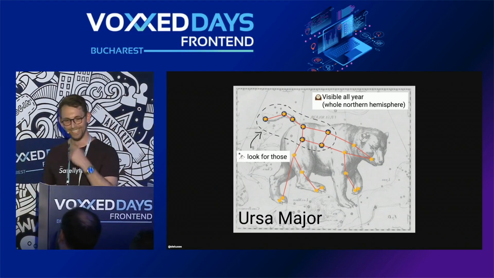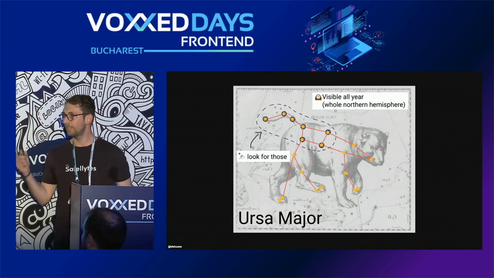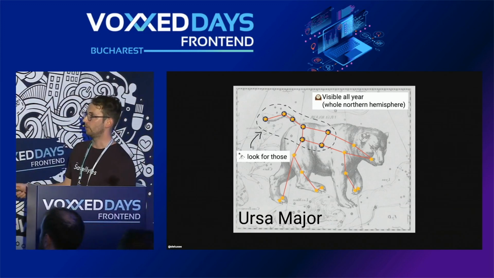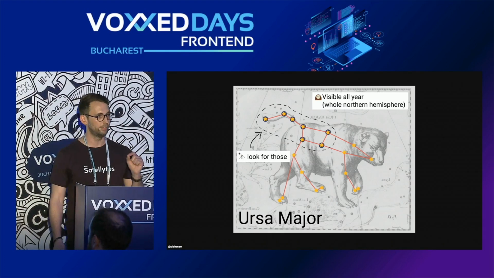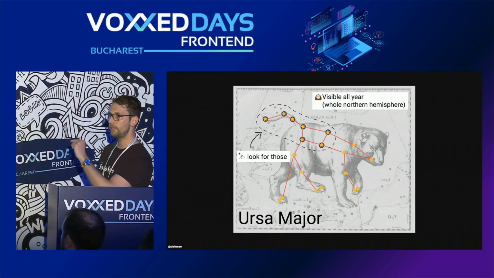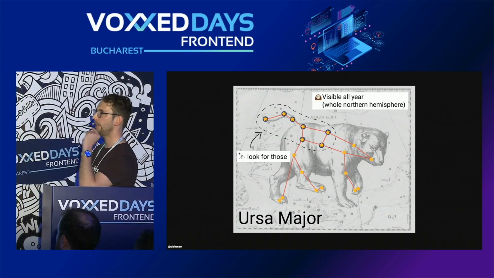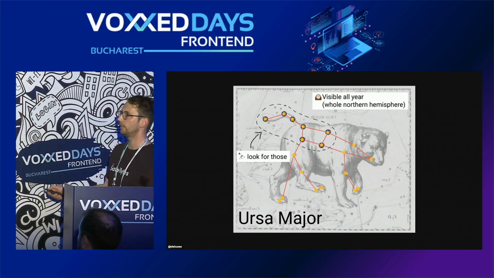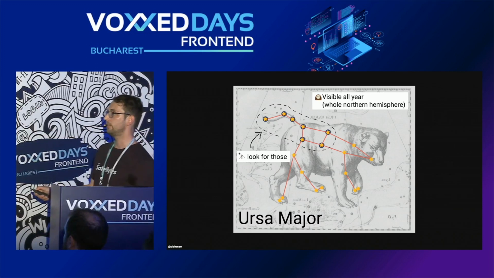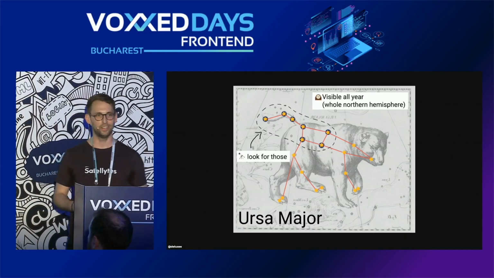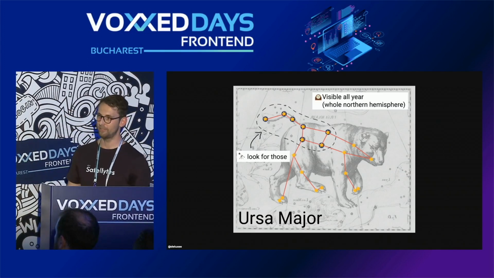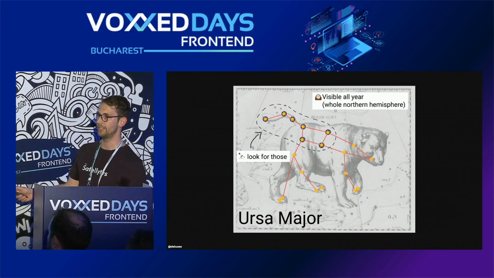The Big Dipper is not a constellation by itself. It's just like the 3 stars in Orion's belt, and they help you to find the big bear here. So that's maybe another fact you could remember if someone wants to convince you that this is a constellation.